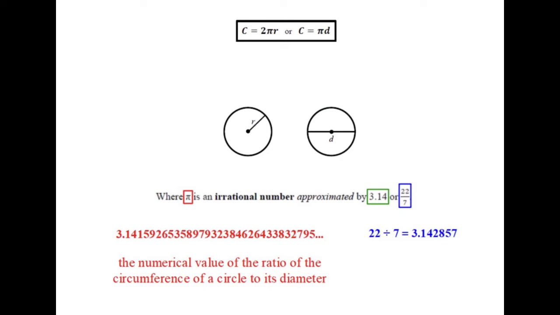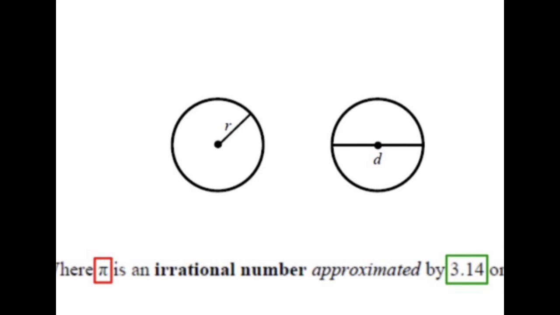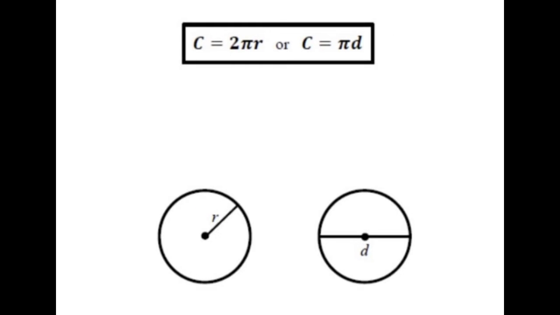Okay, now this page looks crazy, but it really isn't. So these are your two diagrams that you have from your last page, right? There's your formulas for the circumference of a circle. You have two of them depending on what you are given. If you're given the radius, like on that circle, you use that formula.